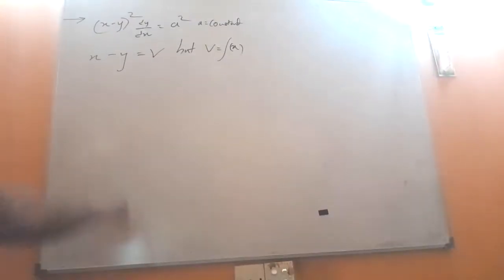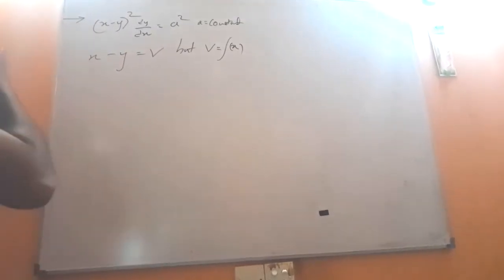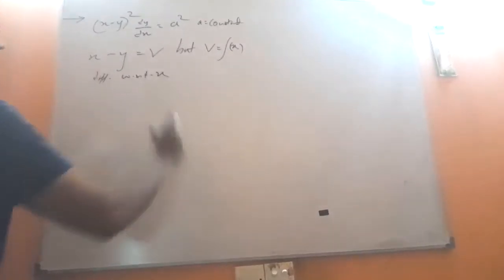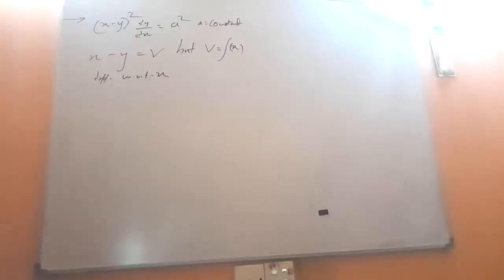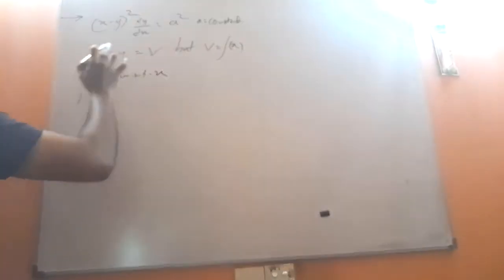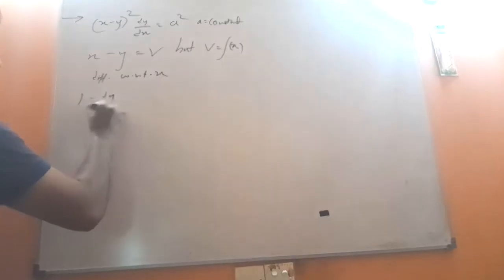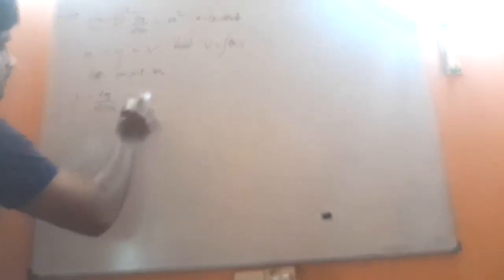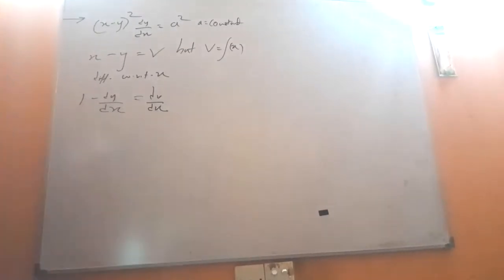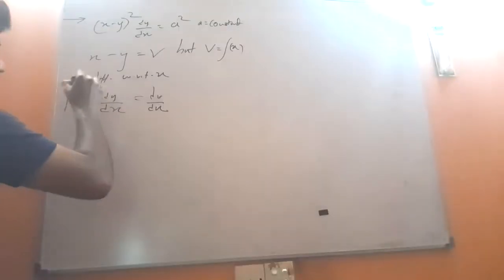Now let's differentiate this part and get some relation. Differentiate with respect to x. If you differentiate x, it is 1. If you differentiate y, minus dy by dx. If you differentiate this, it will be dv by dx. Right? So now you have this result.